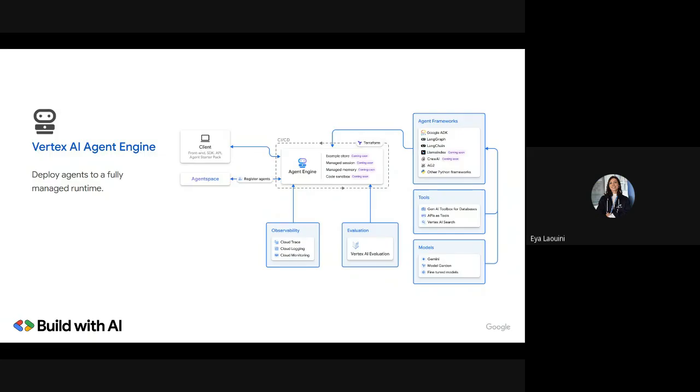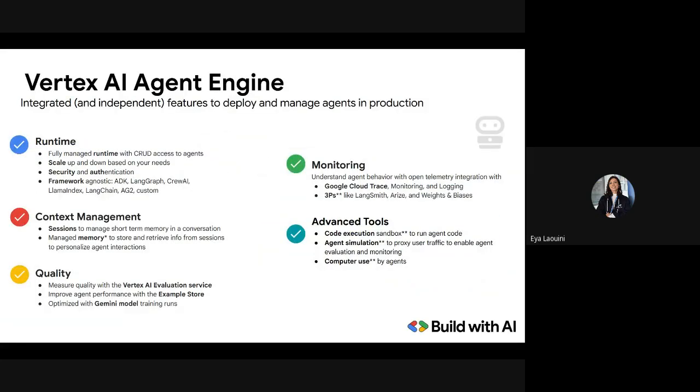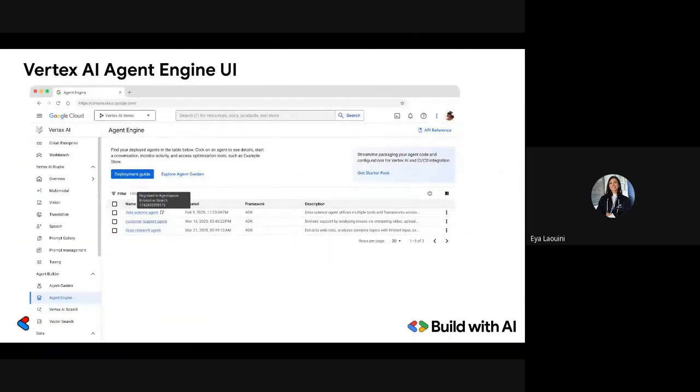So it is basically the same. Some capabilities of Vertex AI agent engine, we have already mentioned. And here, this is a screenshot of the Vertex AI agent engine UI. So as we said, everything will be observed. Here, if you can see, we have a data science agent.